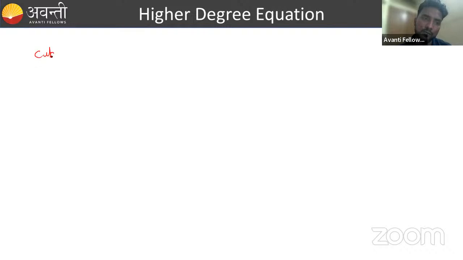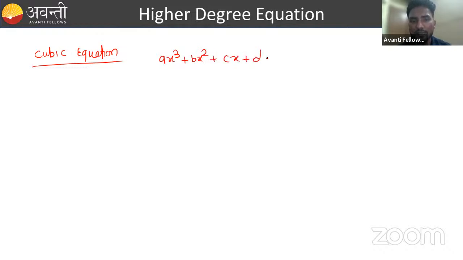Suppose we have a cubic equation, ax cube plus bx square plus cx plus d is equal to 0. I have told you that a cubic equation will have 3 roots.